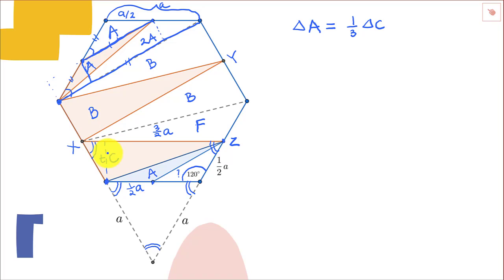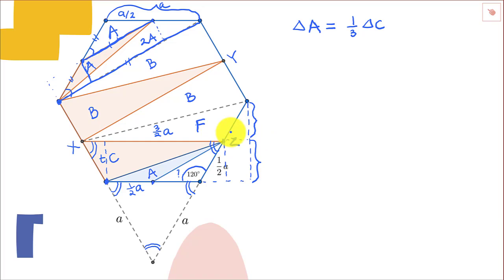Now, what is the comparison between the height of C and the height of F? If we take a perpendicular line like this, by using similarity or trigonometry, we can see that this length, which is T, is the same as that one.